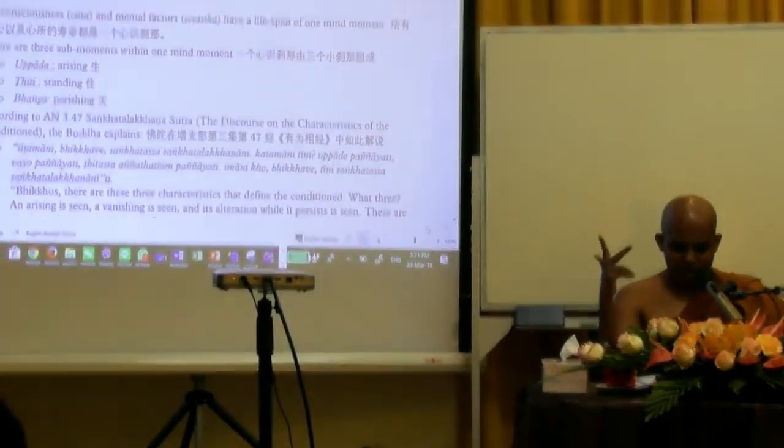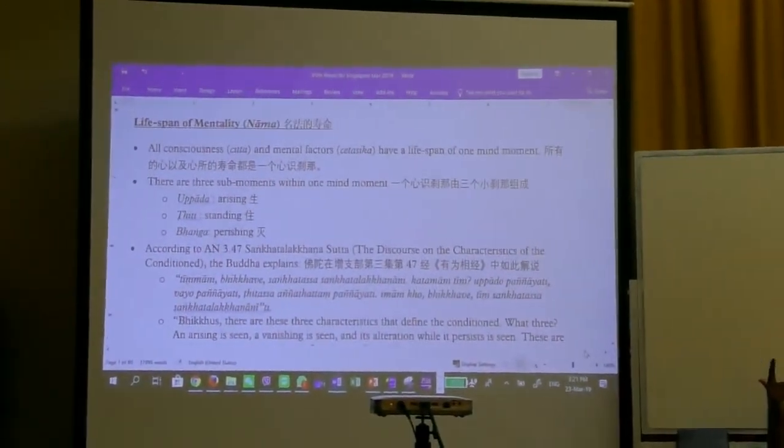In the same way, mentality has a lifespan. All consciousness and mental factors have a lifespan of one mind moment. There are 3 sub-mind moments within one mind moment: Uppada, Thiti and Bhanga. Arising, standing and perishing.